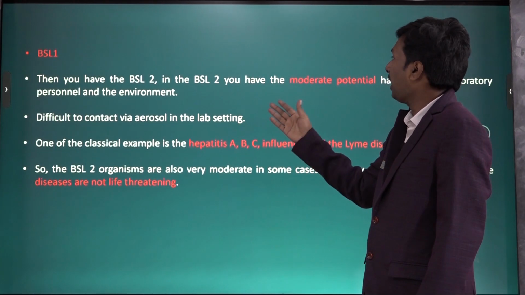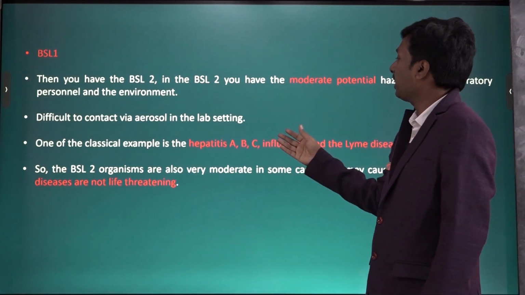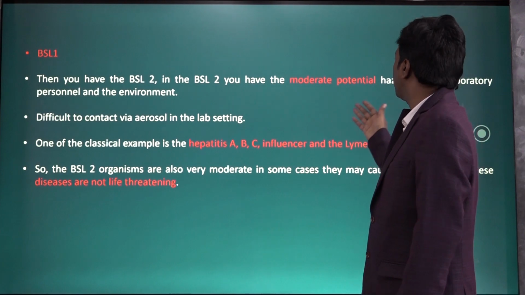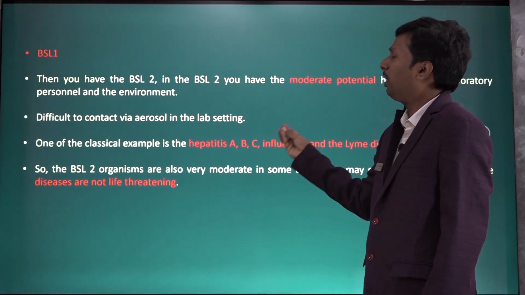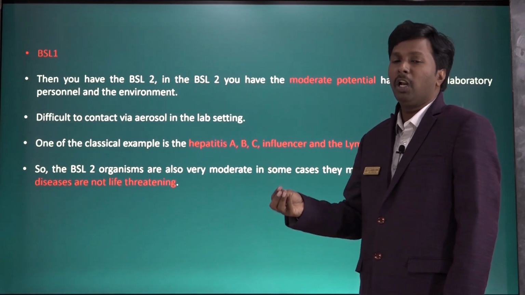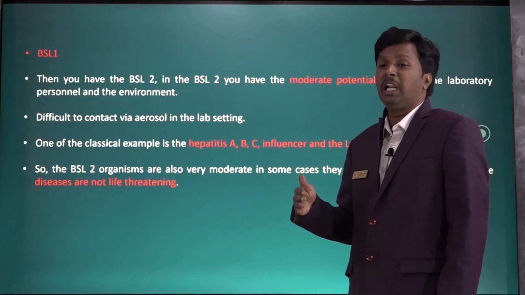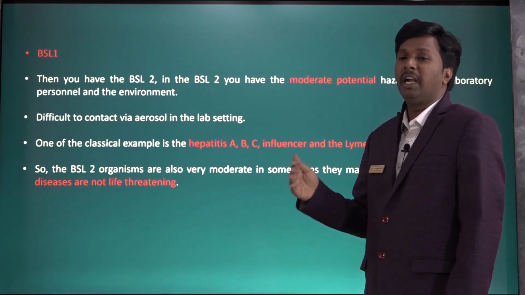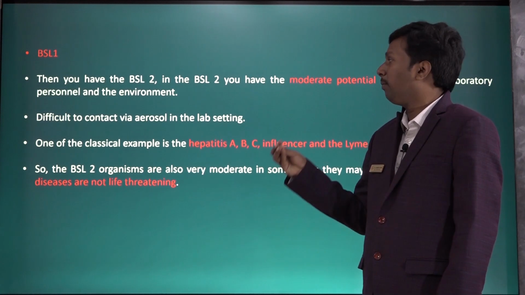Now we are going to discuss biosafety level 2. Biosafety level 2 has a moderate potential hazard to laboratory personnel and environment. As I discussed, biosafety level 1 is the basic level. Now we are discussing moderate risk microorganisms that we handle in a BSL 2 laboratory.